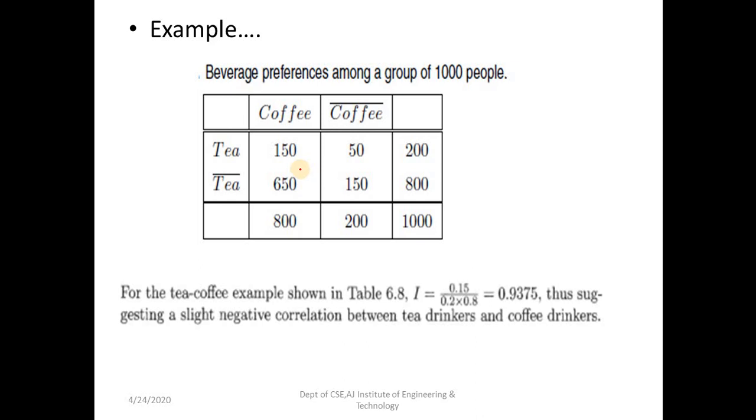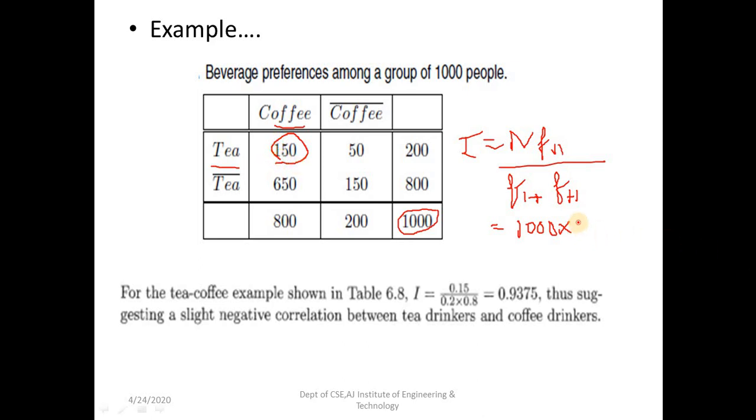The formula is N into f11 divided by f1+ into f+1. The interest factor of tea and coffee is given by N, the total number of transactions, which is 1000, into the frequency of occurrence of both tea and coffee, which is 150.